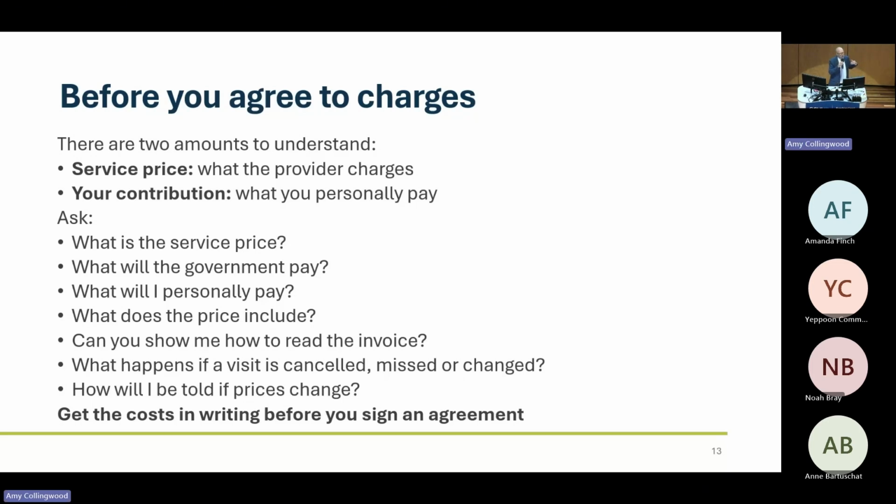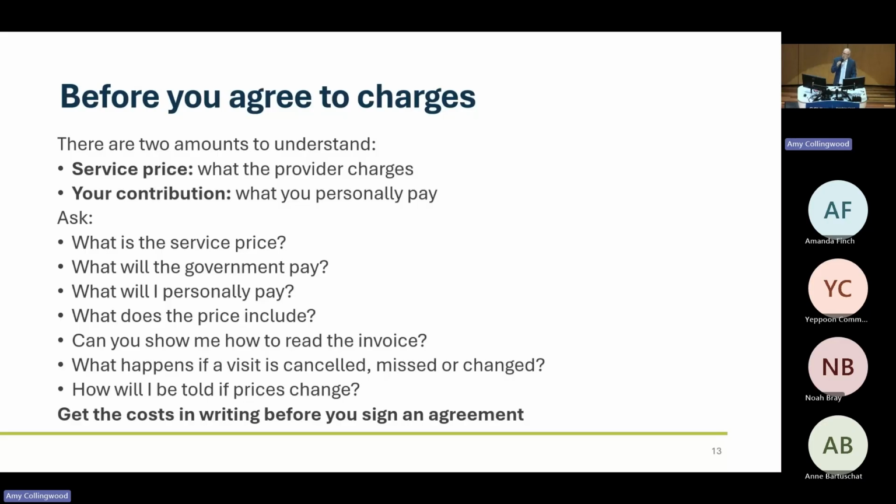One of the things you should be doing is, while you're getting clarity on the services and supports that you need to live your life well, at the same time try to get clarity around what that means in terms of the costs involved: the service price, your contribution, the co-contribution, what you should pay as well. I think too, you should be asking how the charges are made. Some people charge by the hour, some by the visit or item or another method. Ask those sorts of questions.